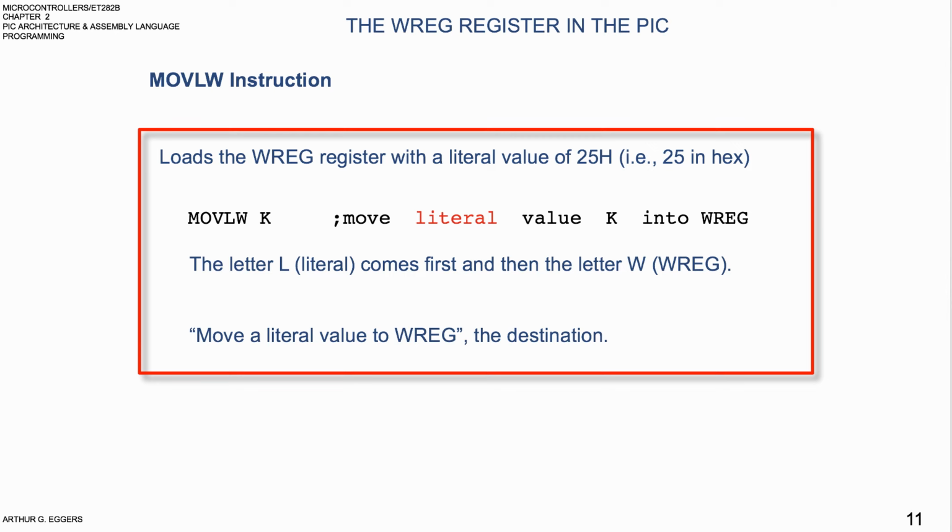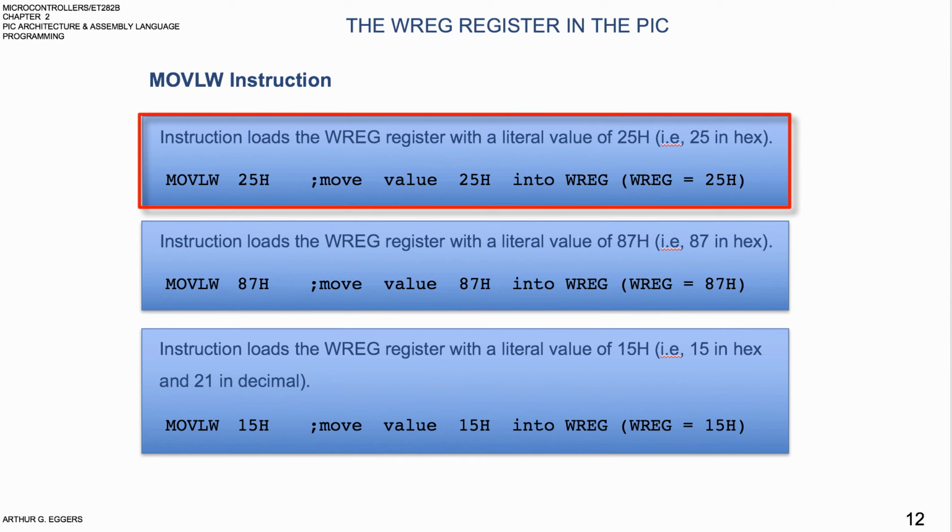So we've got a value of, in hex, 25 that we want to move. We set up the instruction code so that MOVLW 25H; move the value 25 hex into the working register, and it will equal 25 in hex.